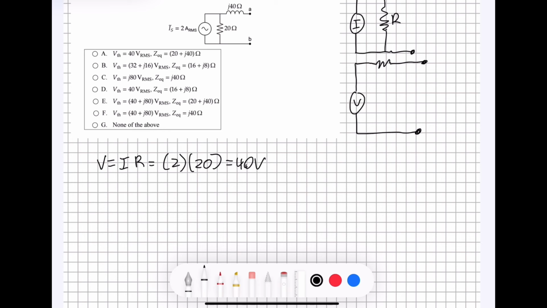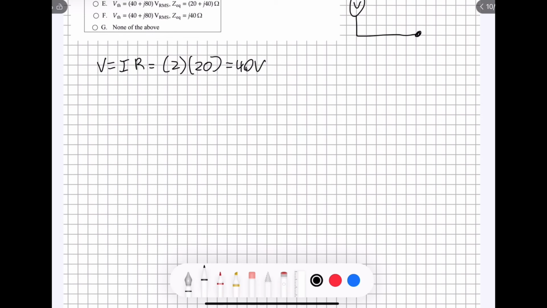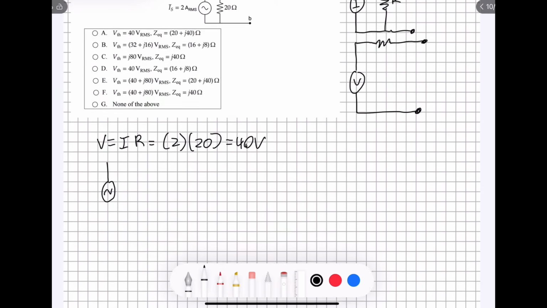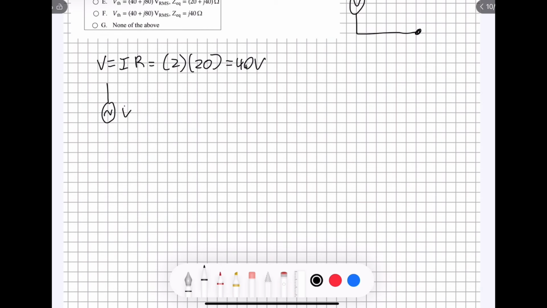Now we can redraw the circuit in Thevenin form, except this is actually a sine, of course, so it'll look something like this.